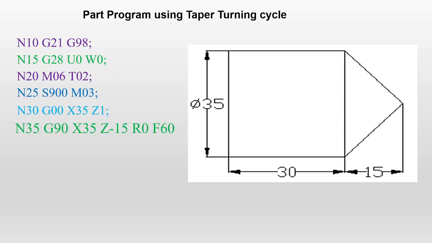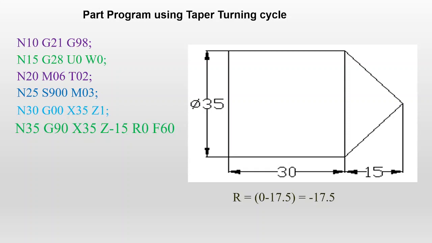That is G90 X35 Z minus 15 R0 F60. Here you can find the R, the radius value. That is the entry radius value minus the exit radius value, and you have to find out the R. R is equal to, here the entry radius value is 0 and the exit radius value is 17.5, so it is minus 17.5.